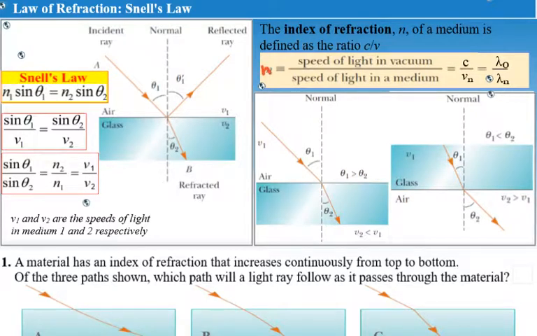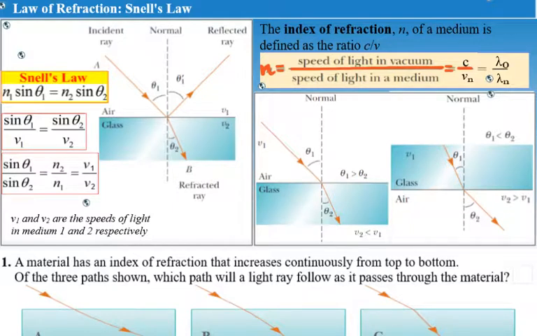What you have to remember about n, the index of refraction, is that it is the speed of light in the vacuum over the speed of light in the medium. So n is always greater than 1 because the speed of light in vacuum is faster than the speed of light in the medium.